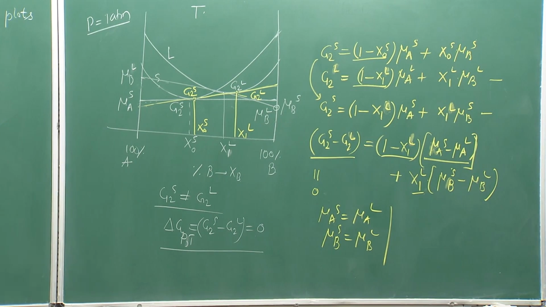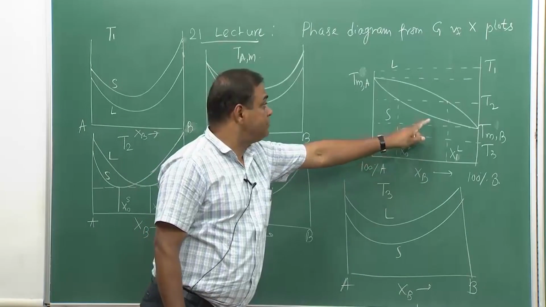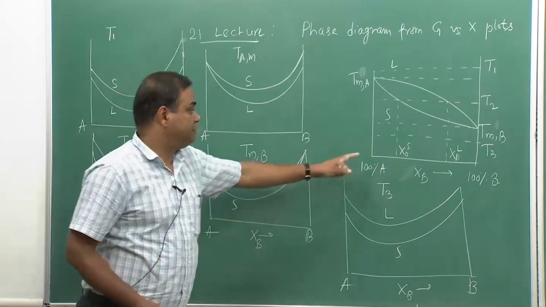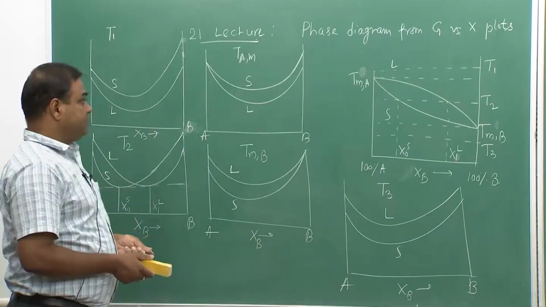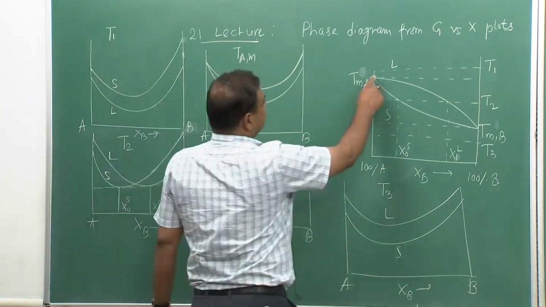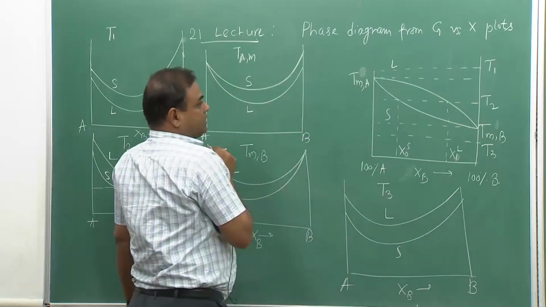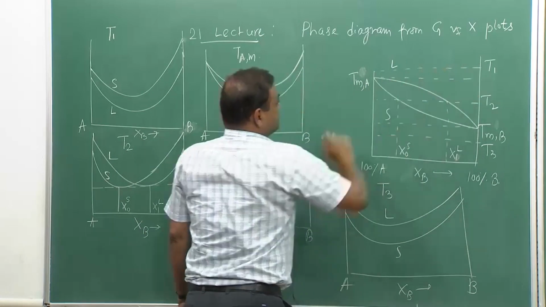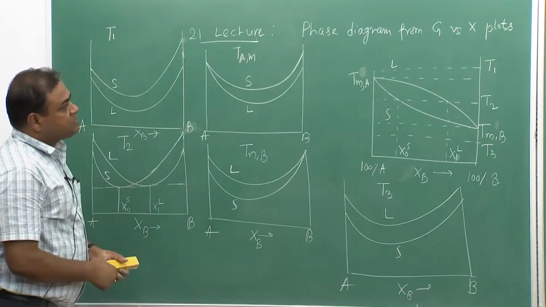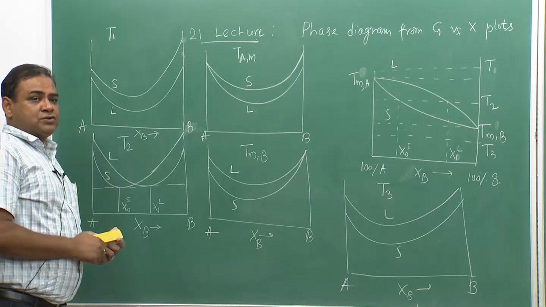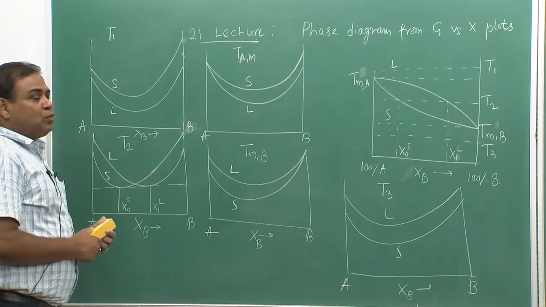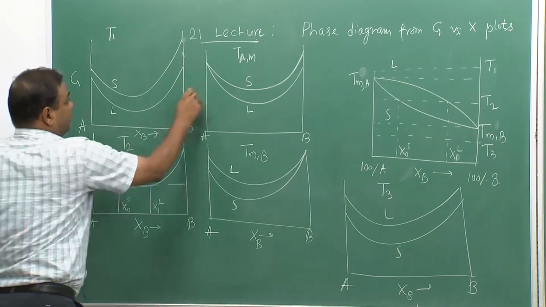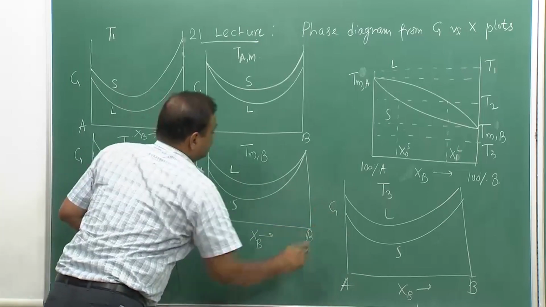So let's draw an isomorphous phase diagram where liquid solubility and solid solubility is there from 100% A to 100% B. Now if I try to draw the free energy composition diagram for liquid and solid phase at this temperature T1, since at this temperature T1 liquid is stable, the free energy graph of liquid will be below the solid free energy graph.